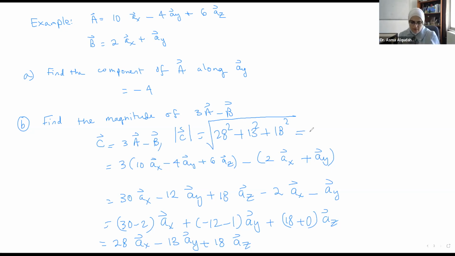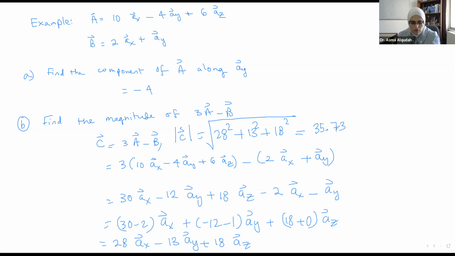Taking the square root of the answer, it is equal to 35.73.